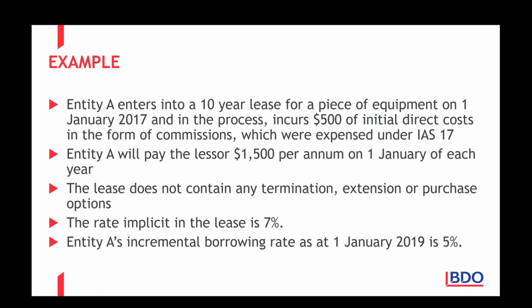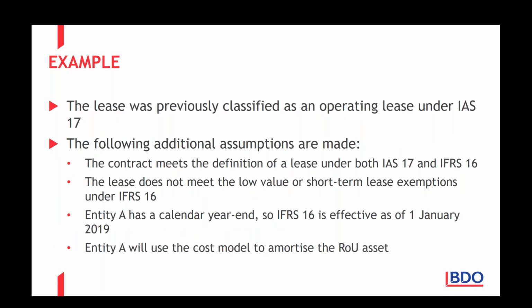They also tell us that entity A's incremental borrowing rate as at the 1st of January is 5%, because we need that incremental borrowing rate for the modified retrospective approaches. Now, the lease was previously classified as an operating lease under IAS 17, and we've made the following additional assumptions. So the contract meets the definition of a lease under both the existing IAS 17 and the new IFRS 16. The lease does not meet the low value or short-term lease exemptions under IFRS 16.